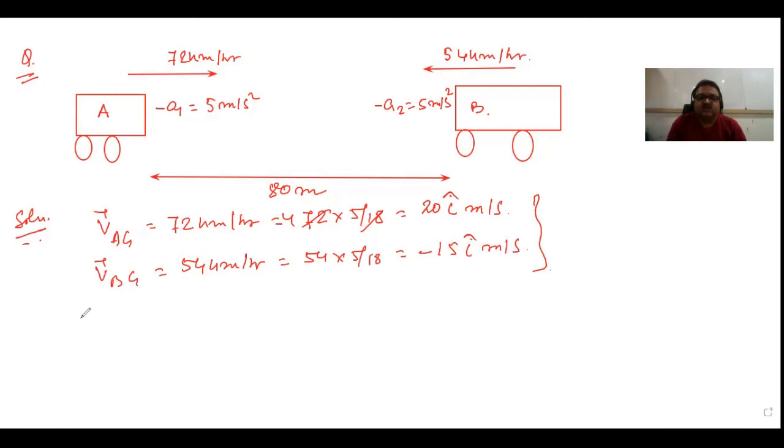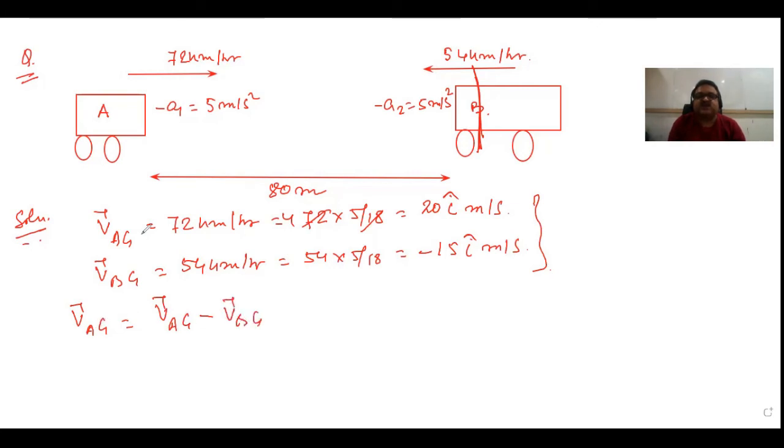Now make any one of them the observer. So let me make B the observer. What is the velocity of A with respect to B? That is velocity of A with respect to ground minus velocity of B with respect to ground.